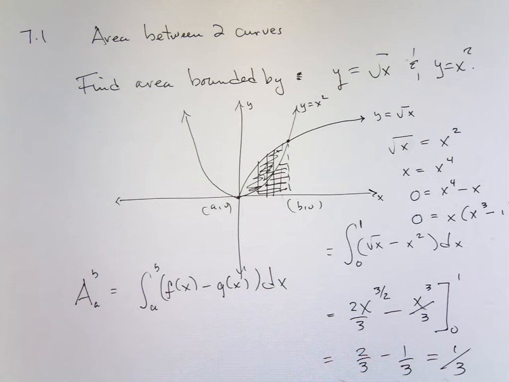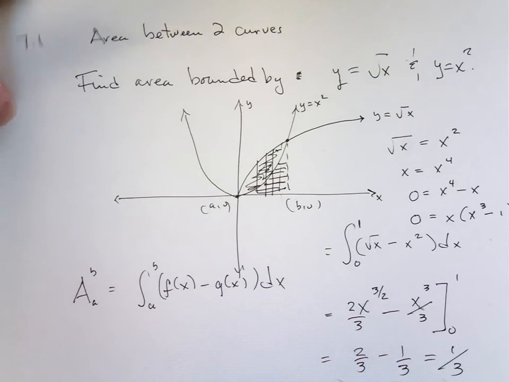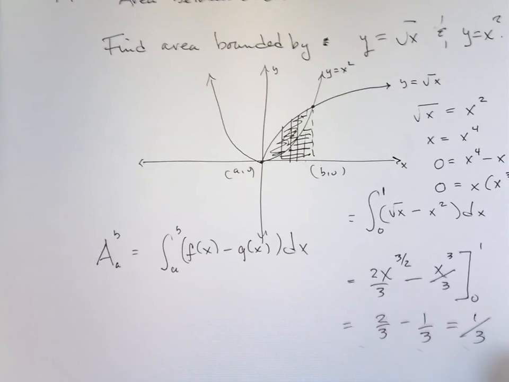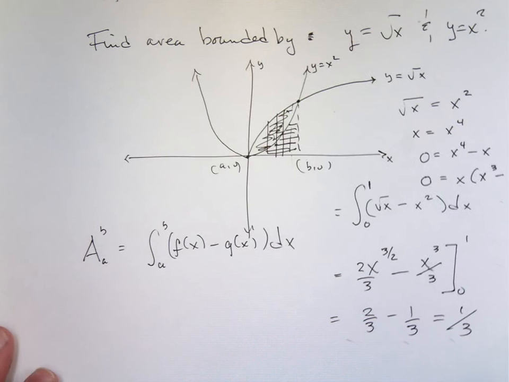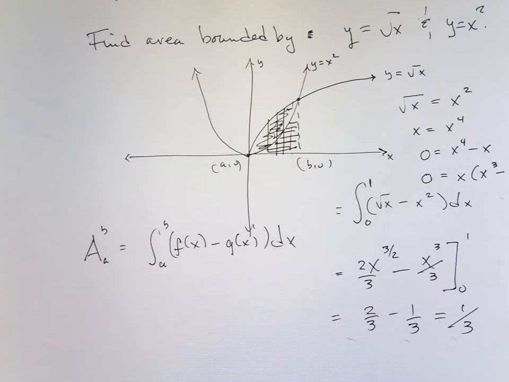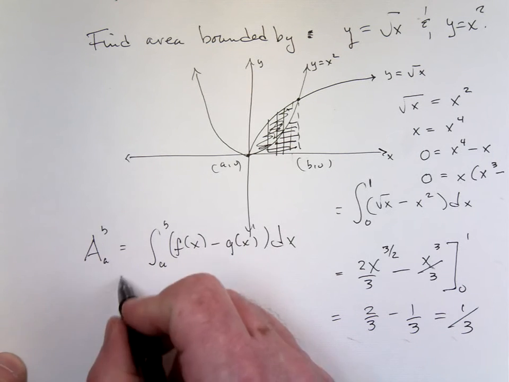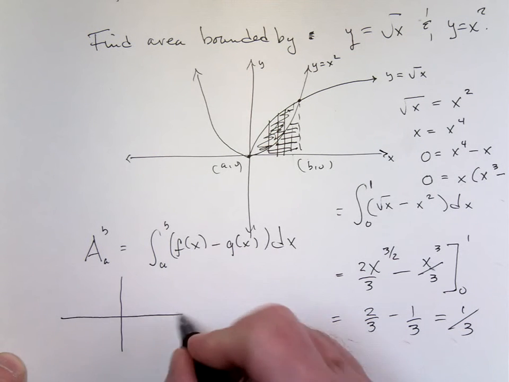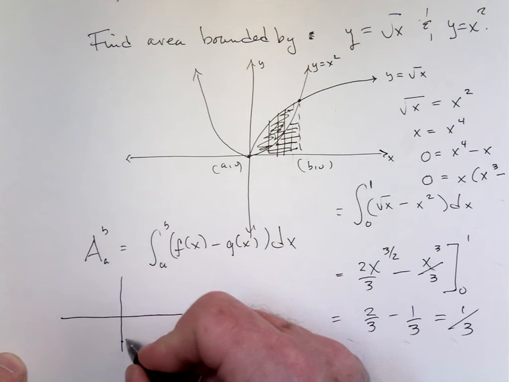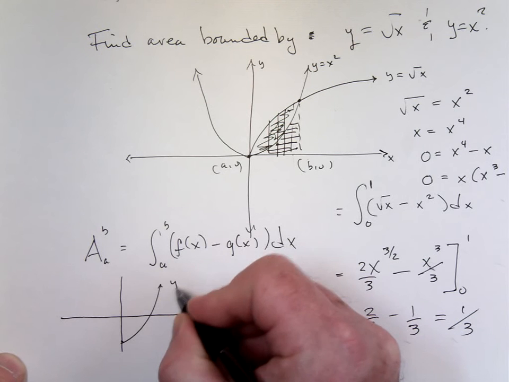Keep in mind that integrals will give you negative. Everybody all set on that? Keep in mind that if you have this, let's take y equals x squared minus 1.